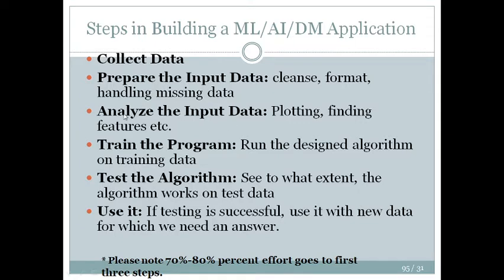Once you find out your algorithm to process your input data, then you need to train that program or that algorithm, right? So you find out first of all that these are my input features and this is what I want, and now I am using little operations to find out better how these X and Y are connected.